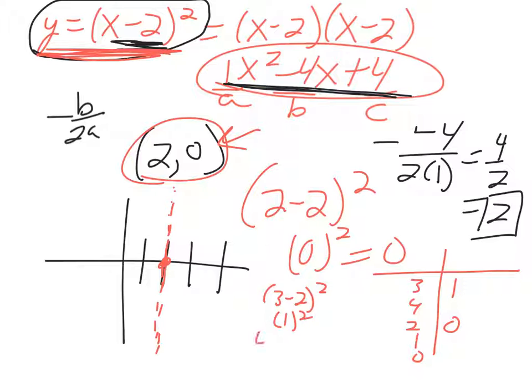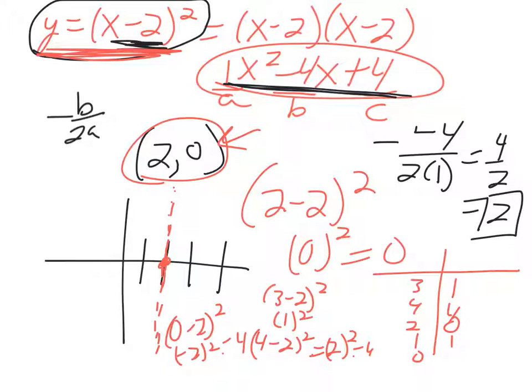If I put 4 in there, 4 minus 2 squared, which is 2 squared, which is 4 then. And we have 0 there, put 1 in there, we're going to get 1, put 0 in there, and let me squeeze it over here. 0 minus 2 squared, negative 2 squared is going to be 4.